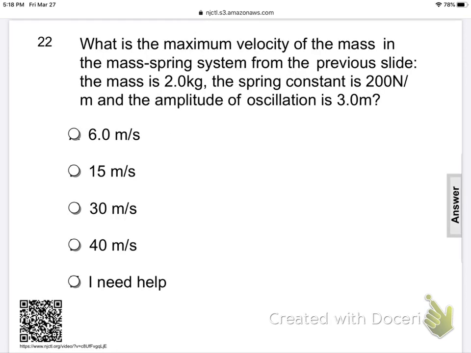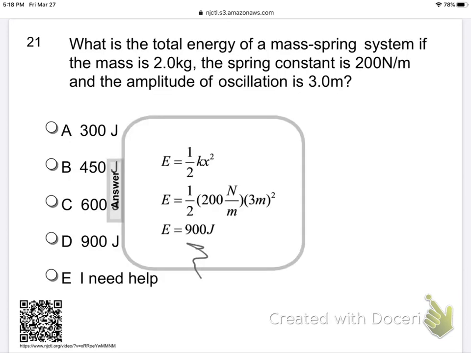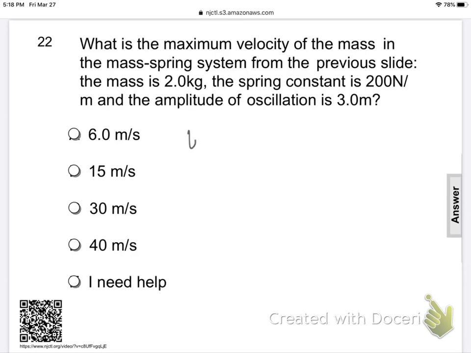What's the maximum velocity in the mass spring from the previous slide? So now they want to know, so all right, we have a total spring energy, right? So we said the EPE was equal to 900 joules. And they want to know what's the maximum velocity.